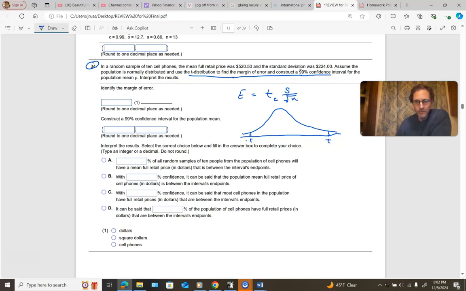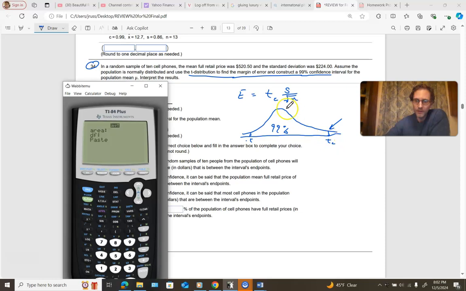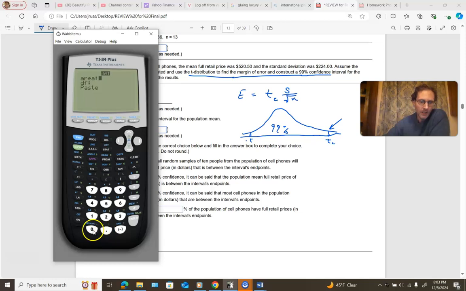But between these two, we've got 99% of the distribution. So in order to figure out this t sub c, or this critical t-score, we've got to put in the area that's to the left of it. Well, if I have 0.5% in each tail, then I would have this 99% plus this 0.5%. So that would be 99.5%. So the area that's to the left of the critical t value that I'm looking for has 0.995 area to the left of it, okay?